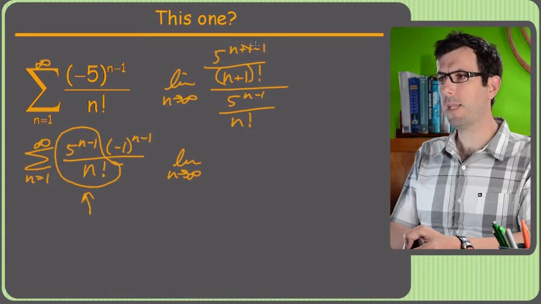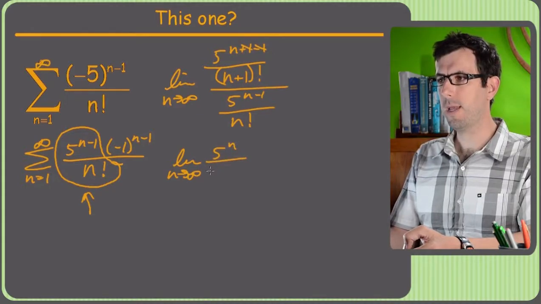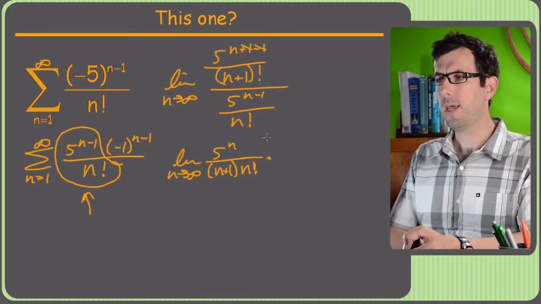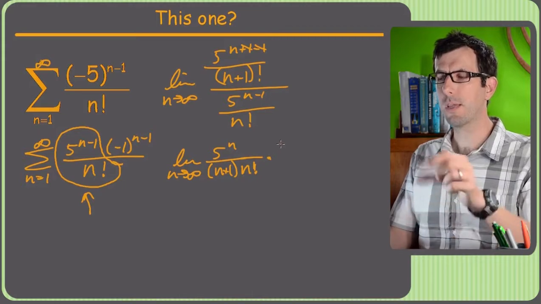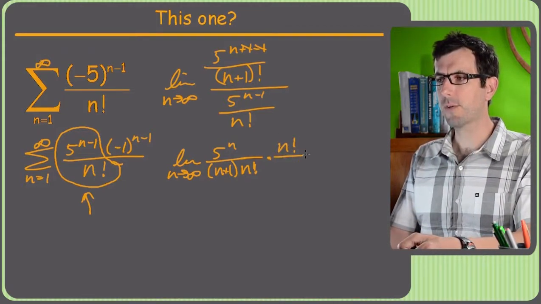So n plus 1 and minus 1 just go bye-bye, so I've got 5 to the n over n plus 1 factorial, which, as we've seen in the previous video about the ratio test, it's really best to write as n plus 1 times n factorial. And then the denominator, I'm just going to invert so I can multiply. That's how you divide fractions. So you get n factorial over 5 to the n minus 1.